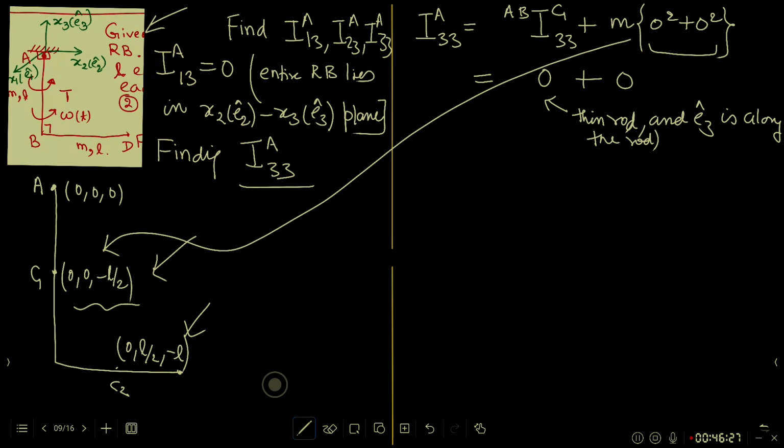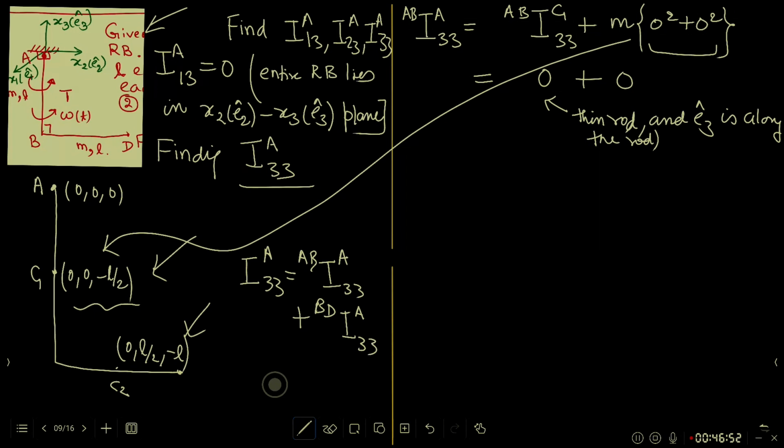I am going to find it in two parts, IA of AB and then IA of CD. I should have written it earlier. IA AB is 0. Call this a known quantity.